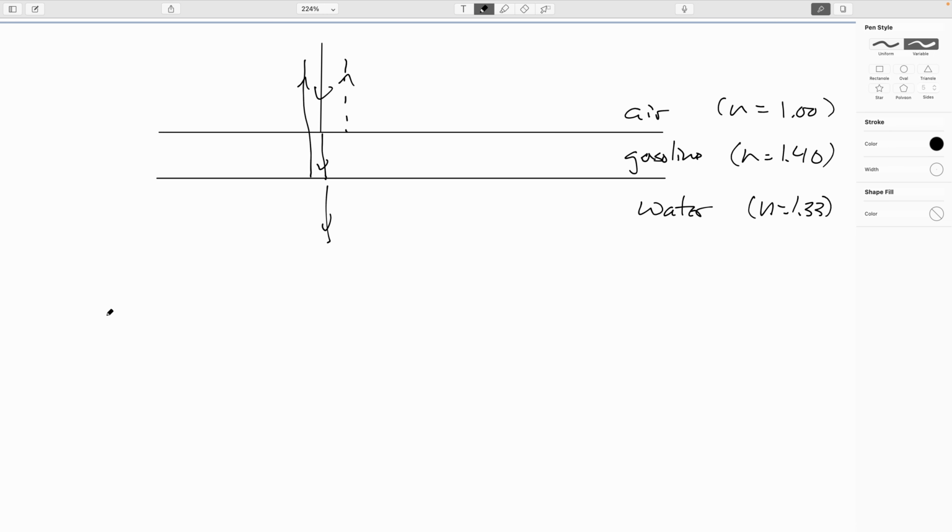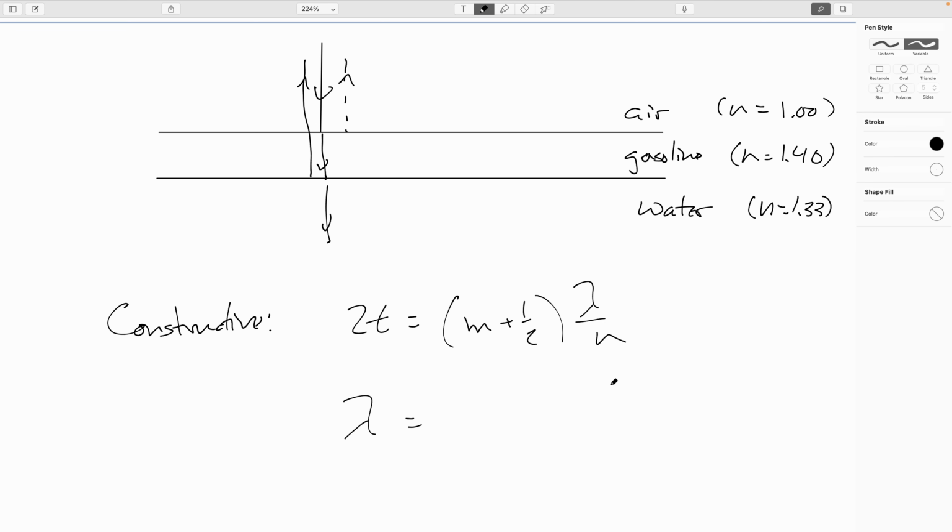So for constructive interference, where you see the pretty colors, that's going to be 2t equals m plus 1/2 lambda over n. Or if I want to rearrange this, I can get that the wavelength of the light is going to be 2nt over m plus 1/2.